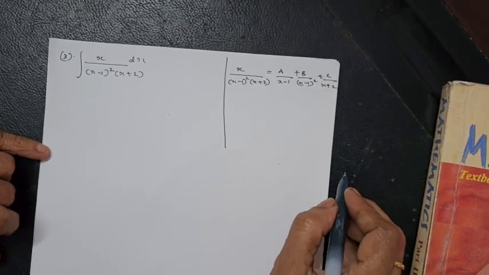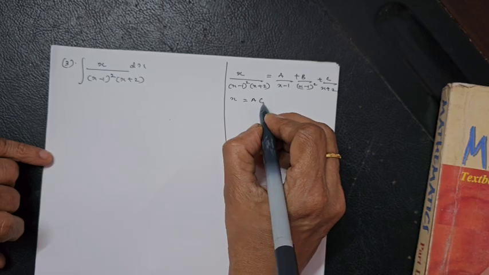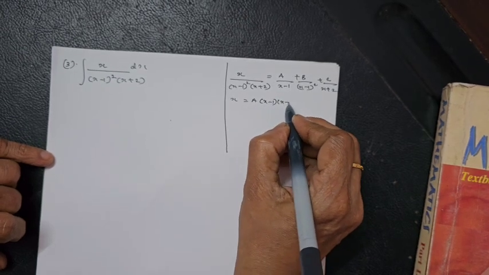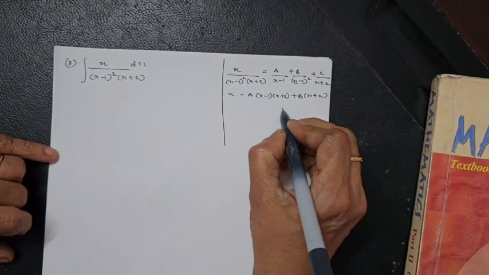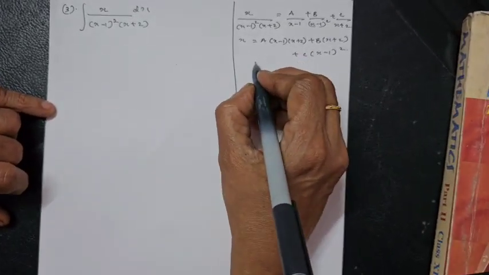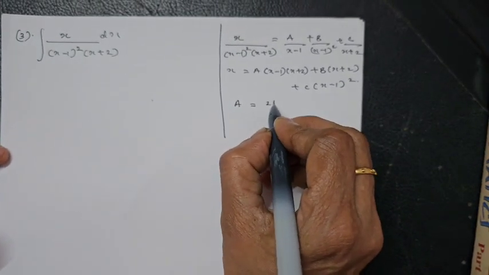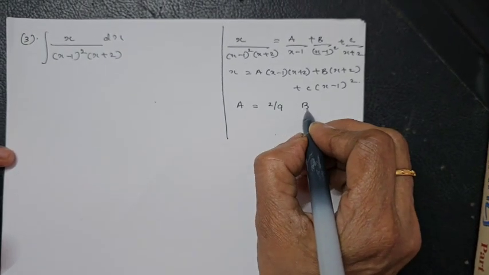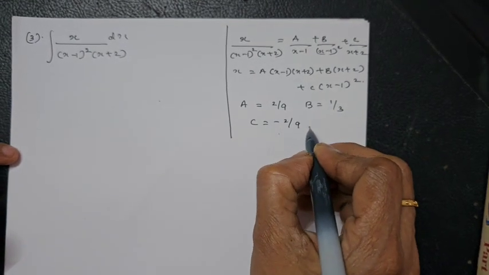Okay, so we have x is equal to a into x minus 1 into x plus 2 plus b into x plus 2 plus c into x minus 1 whole square. By giving values for x, you are getting the value of a as 2 by 9, b as 1 by 3, c as negative 2 by 9.